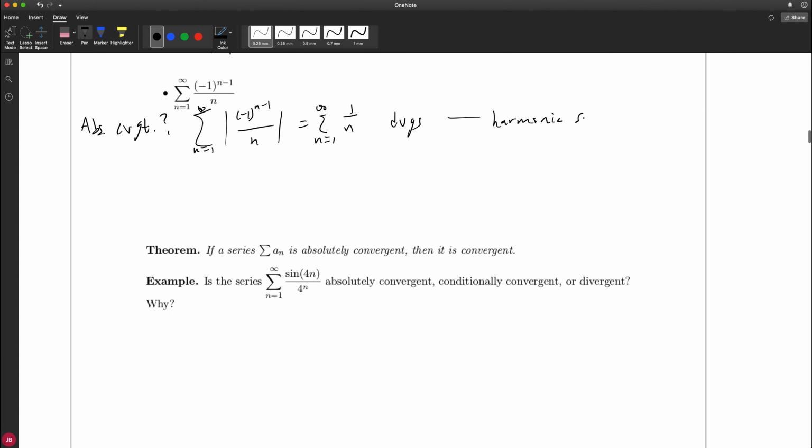And remember, we know the harmonic series diverges, but the fact that the sum of the absolute values diverges doesn't tell us anything about this series. All we know is that this series is not absolutely convergent. It possibly still could converge or diverge.